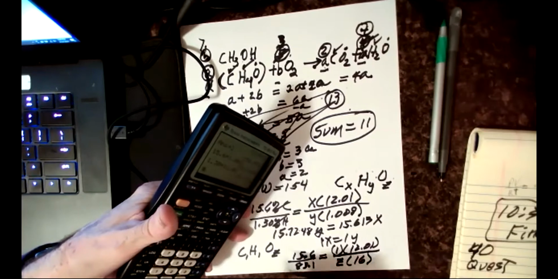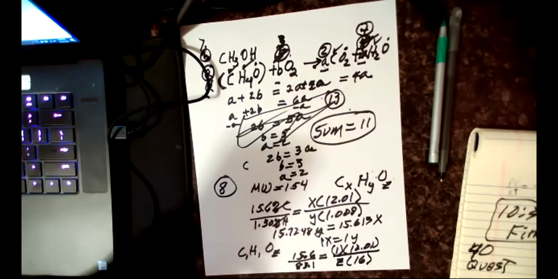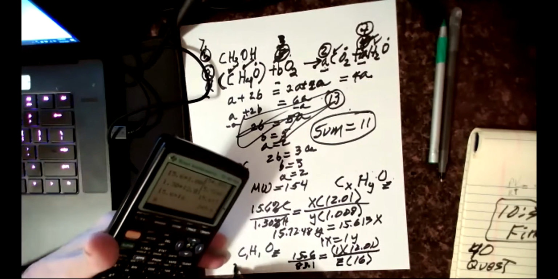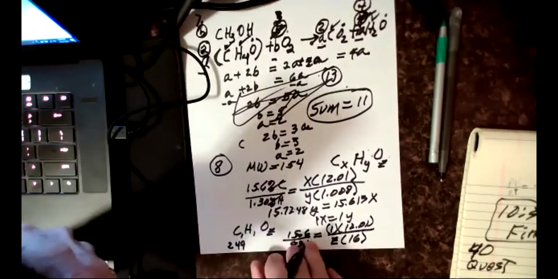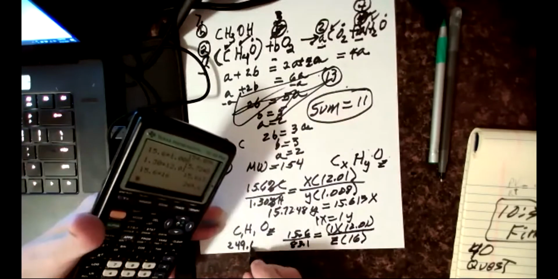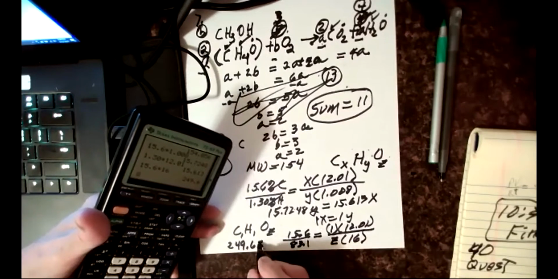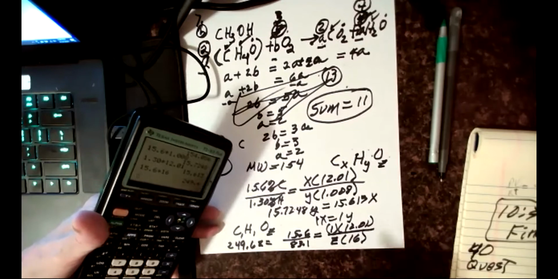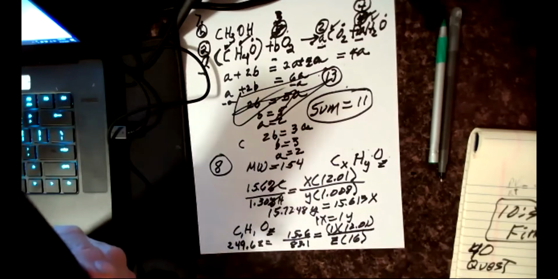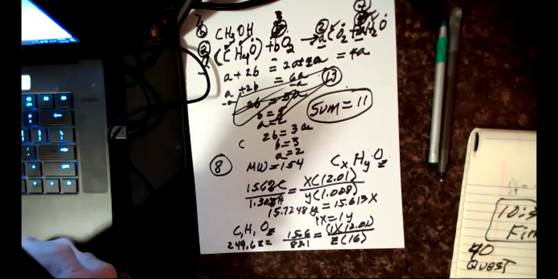So again, cross multiply: 15.6 times 16 is 249.6, times Z equals 83.1 times 12.01.